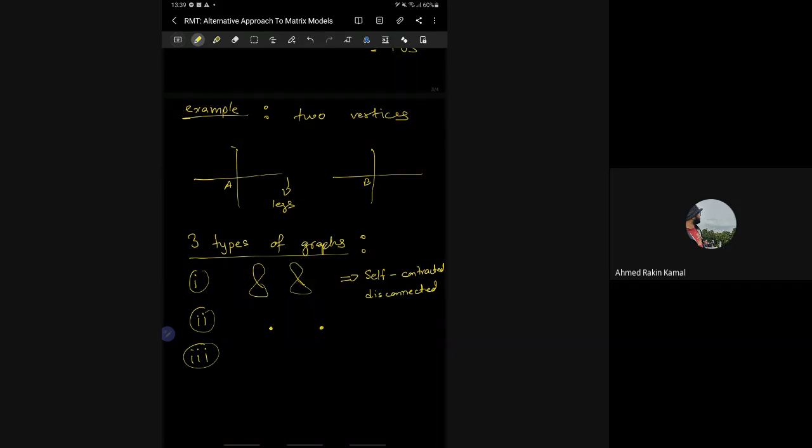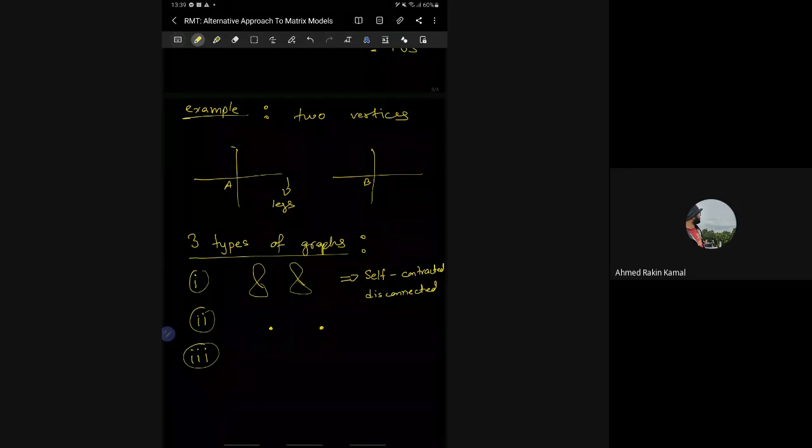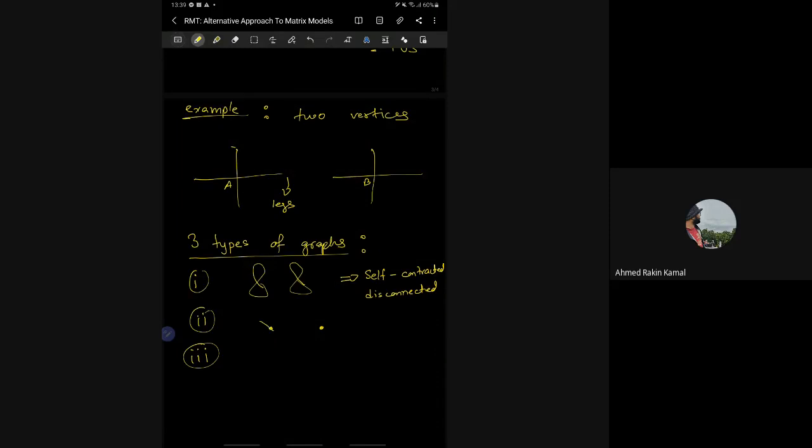So what is another possible scenario? It has 4 legs, right? A can connect to itself, right? It can go to B as well. And B can also connect to itself. This is another possible scenario.